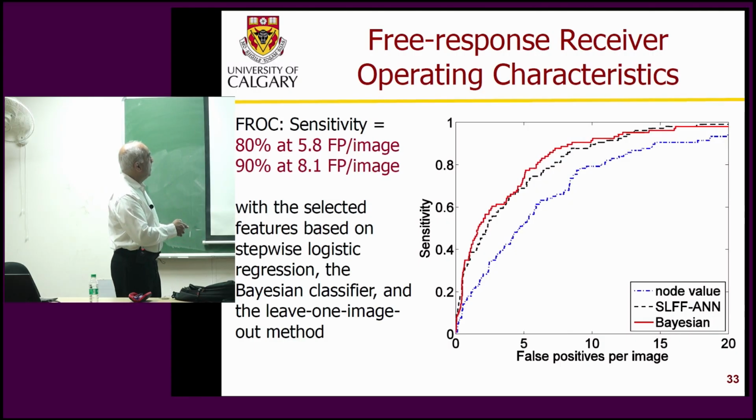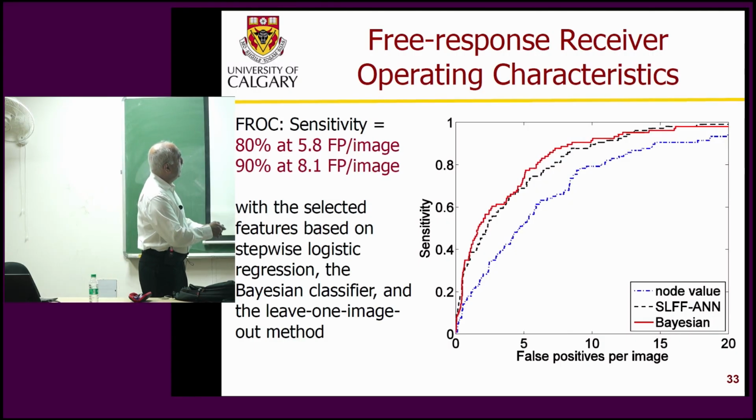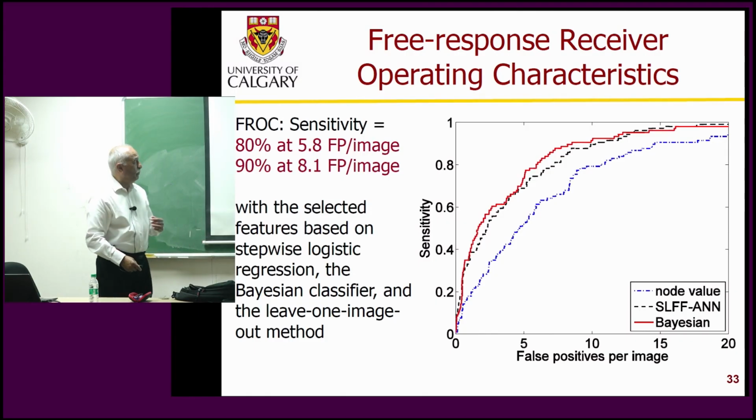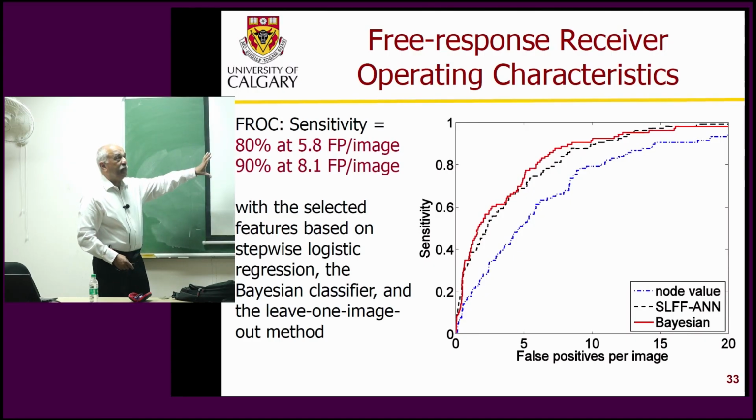So now we got 80% at less than 5, or 5.8, somewhere there, and 90% at 8.1 false positives per image. So that was one stage of the work.